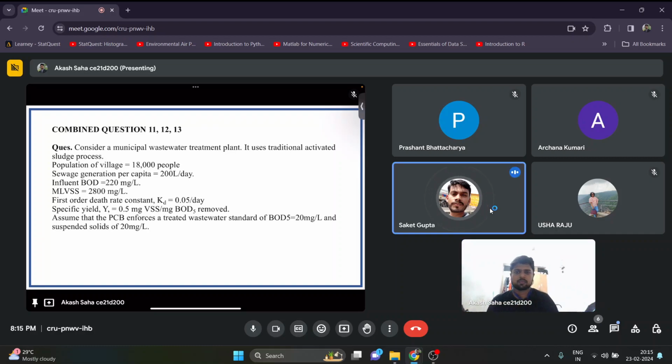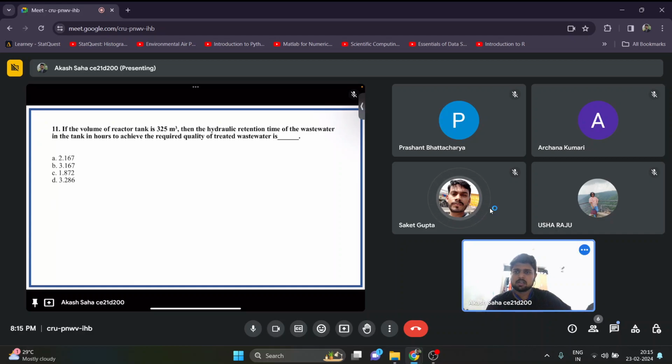Next question. Did you get the answer? If I would say the volume V is given, to find the HRT we need the Q, because theta is equal to V by Q. So how will I find the Q?